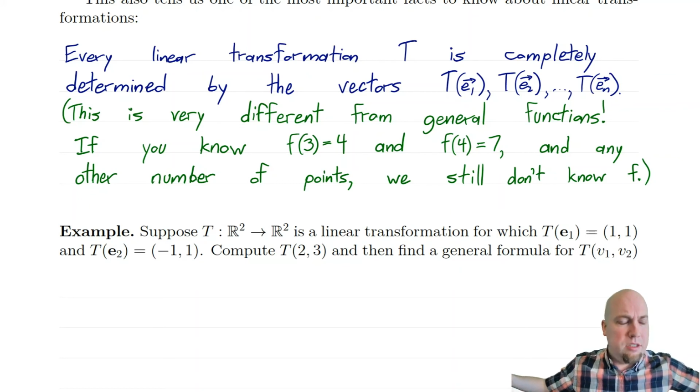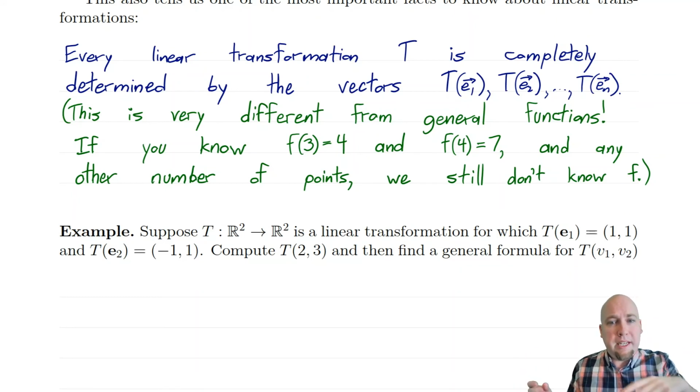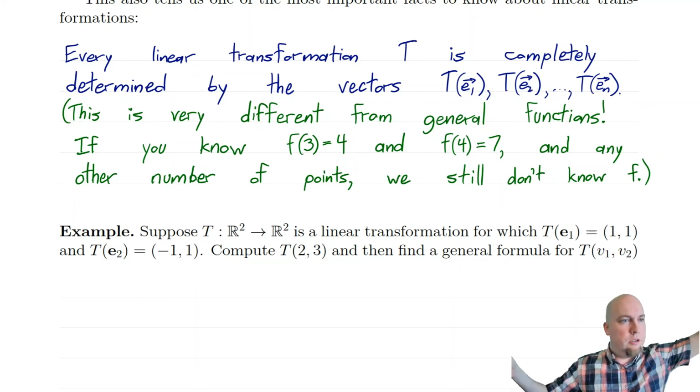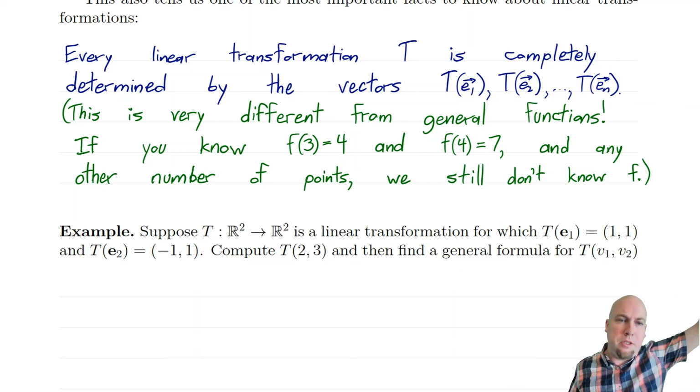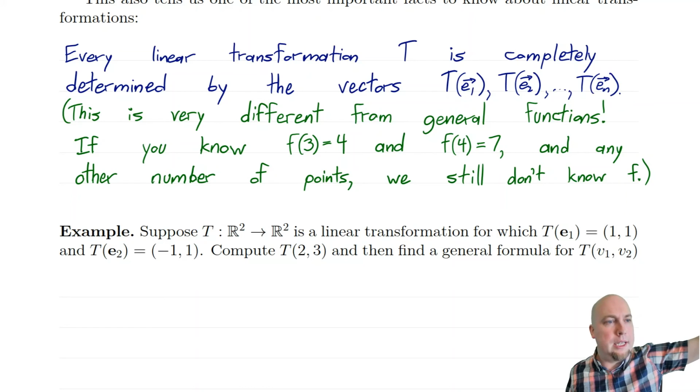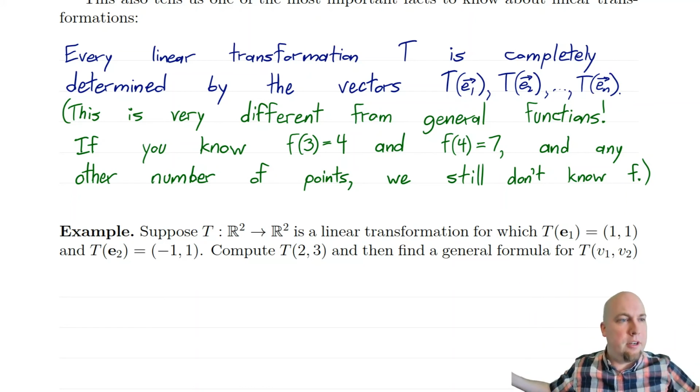Well, you still don't know what f is. No matter how many individual data points you have, you still don't know the actual function, because you can find infinitely many polynomials that go through any finite number of points that you like. Never mind even more exotic functions like cosine and sine and logarithms and exponentials, and functions that are even worse than that, things that aren't even differentiable.